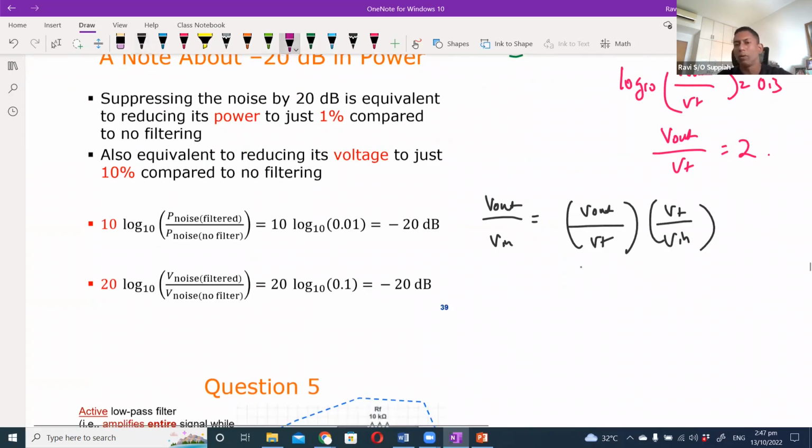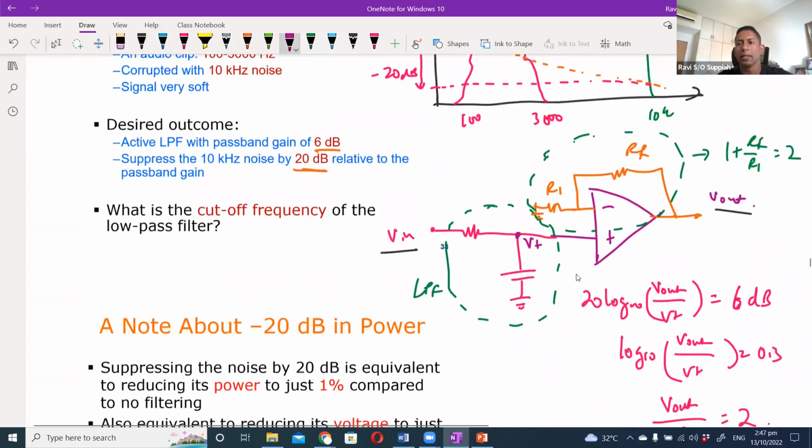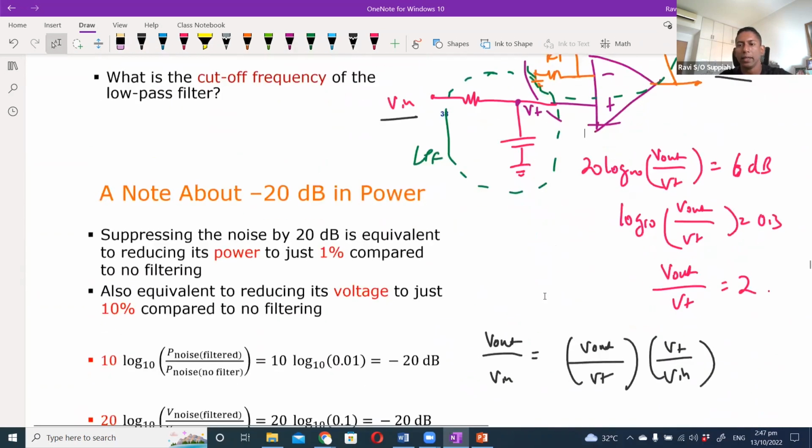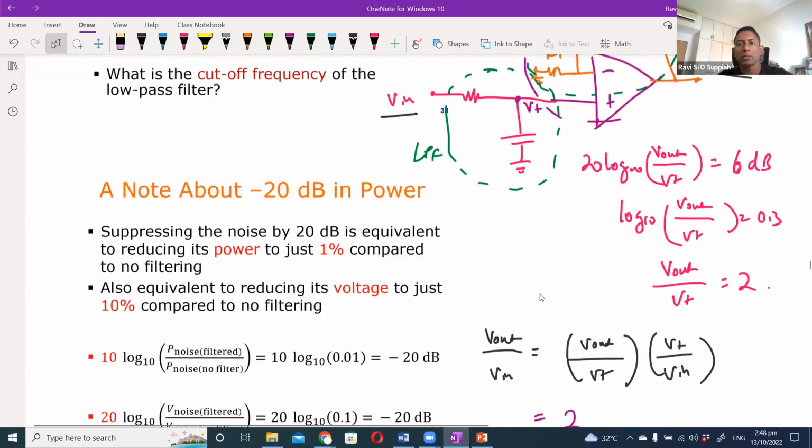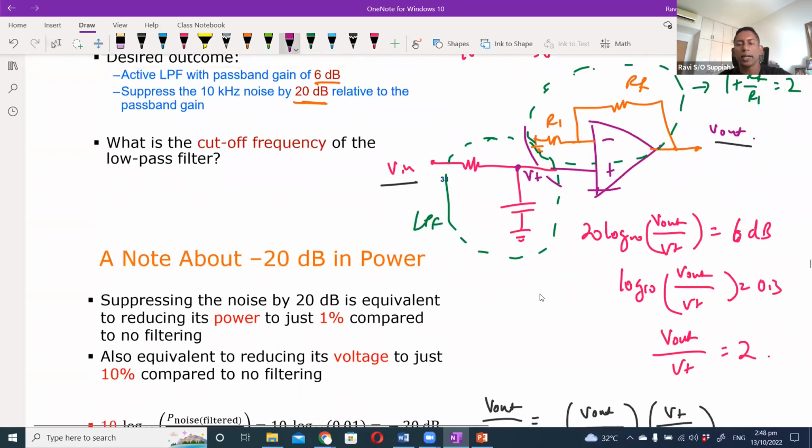The V out over V plus is the gain of the non-inverting amplifier, and that one is already known to us as 2. V plus over V in is the voltage at the capacitor with respect to the resistor and capacitor.